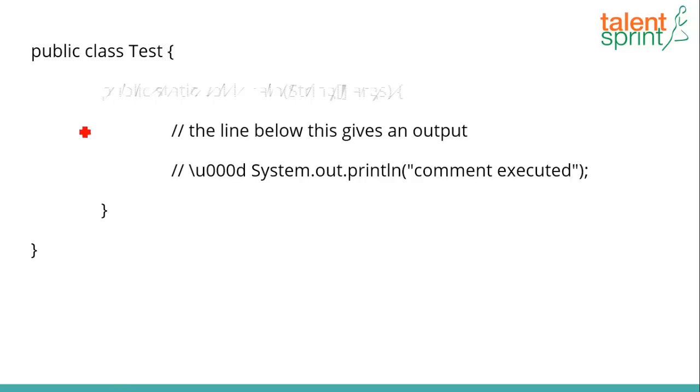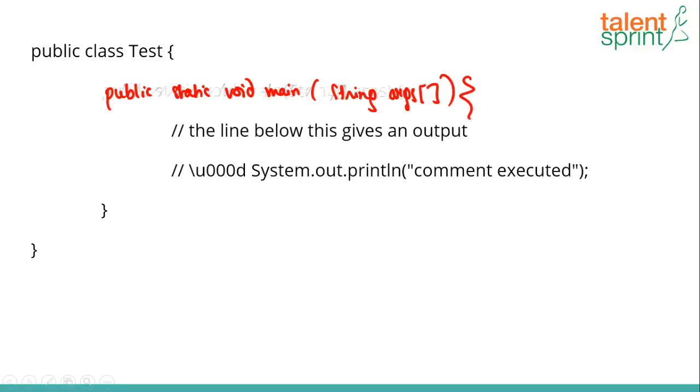Let me write it out here for you. All right, so this is your program. Now we have 2 single line comments. Single line comments in Java start with these two slashes. Now what will be the output when you run this program?